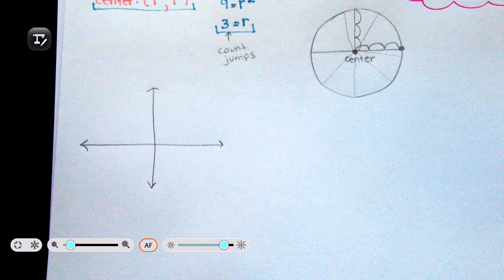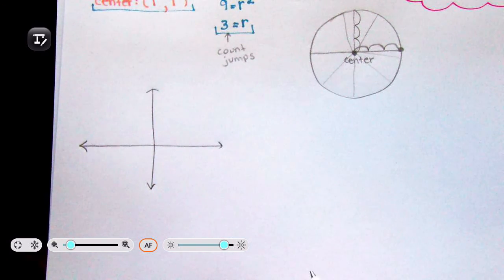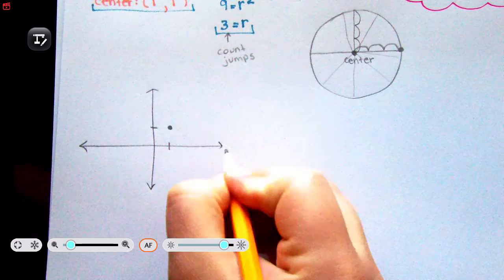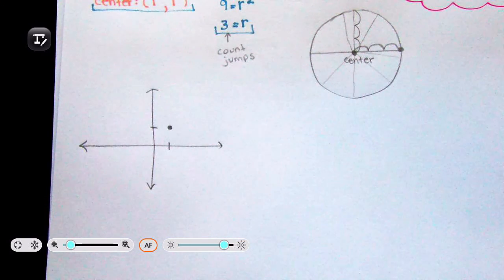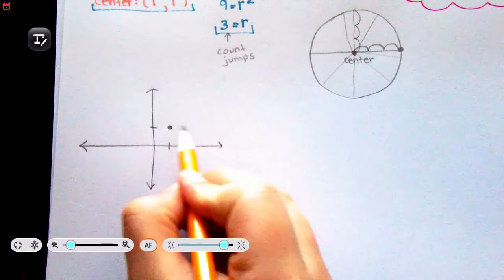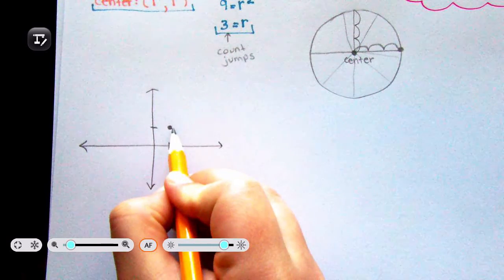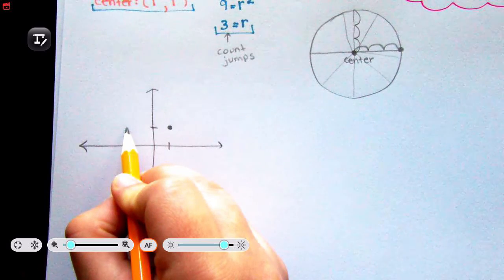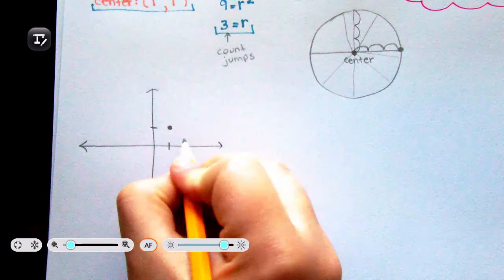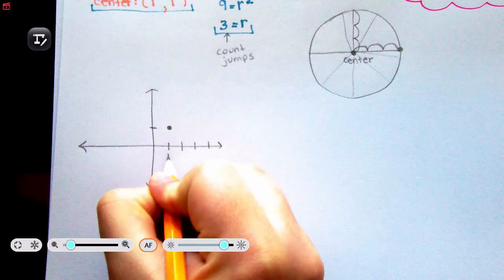All right, our center point is at (1, 1), so here's 1, here's 1, here's our center point. Now our radius, this is what I mean. Our radius is 3, so I know that 3 jumps to my right and 3 jumps to my left are going to be the end points of my circle. So 1, 2, 3, this is 1, this is 1.